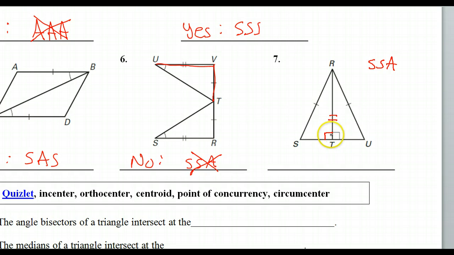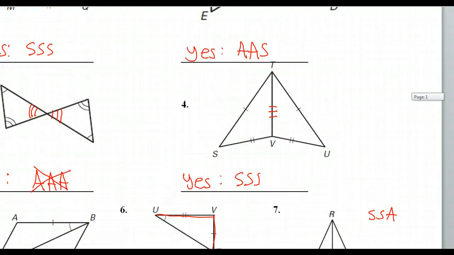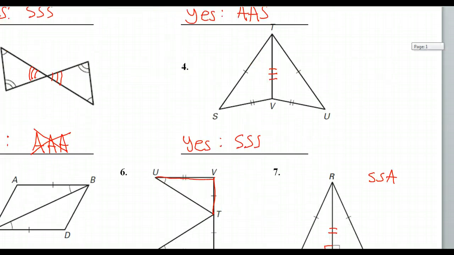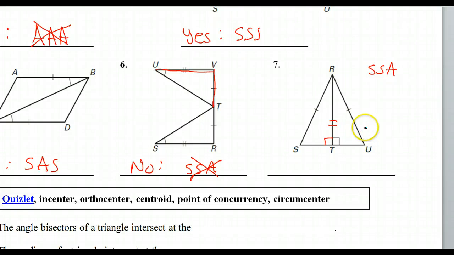Because this is a right triangle, there's an additional property that I can think about. It's called HL. What do you think HL stands for? HL stands for hypotenuse leg. Let's look at this triangle and see, are we given the hypotenuse congruent and are we given a leg?